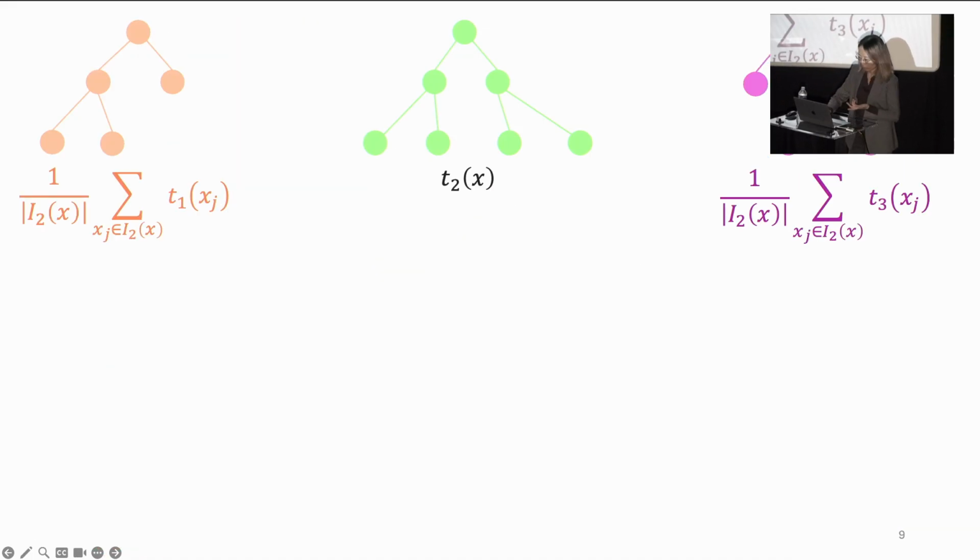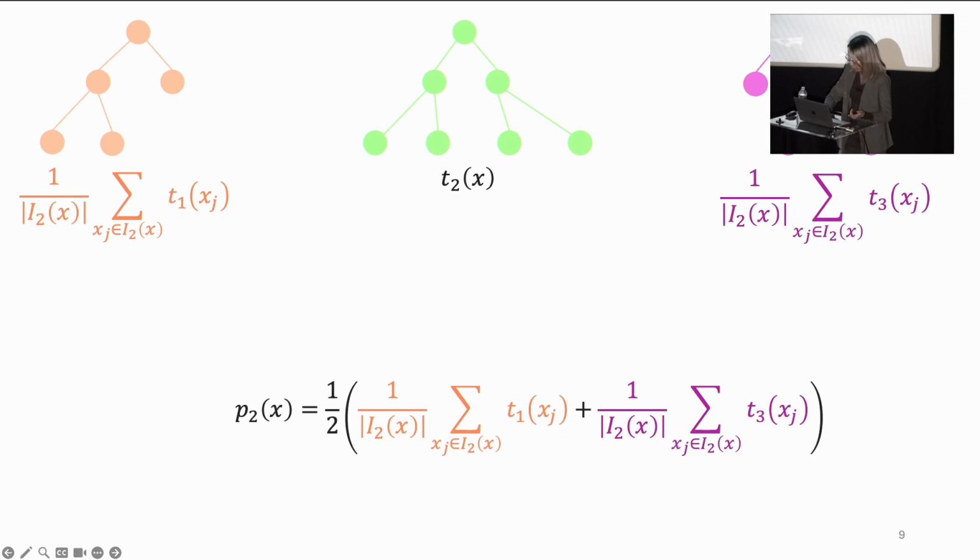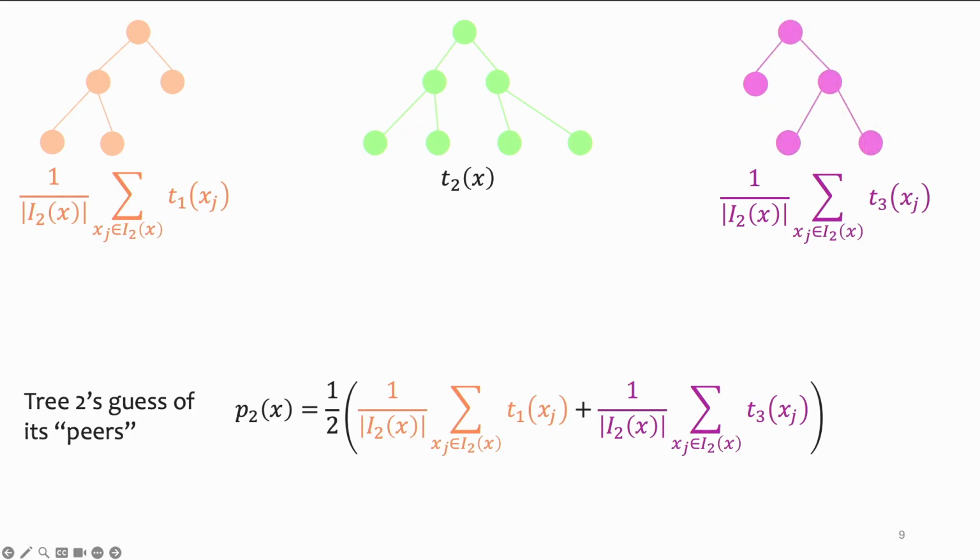We get 2 numbers, and now we average those 2 numbers. That gives you P2. That's tree 2's peer prediction, which says tree 2 thinks these training points look like X, and here is what the rest of the forest predicts for them. That's an informed guess of others built by tree 2 about its peers.